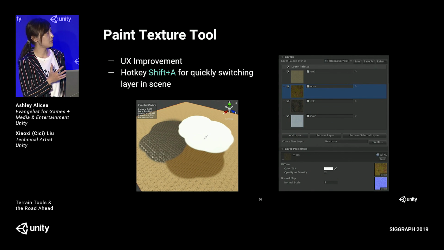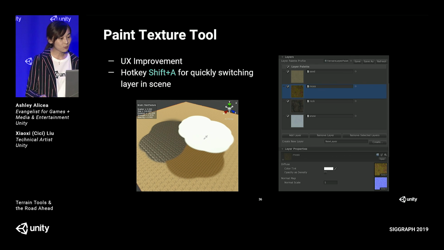Some other things we did to improve the painting experience before we jump into some cool examples: we overrode the built-in paint texture tool and did a bunch of UX improvements. There are also small, simple things like we added hotkeys here.